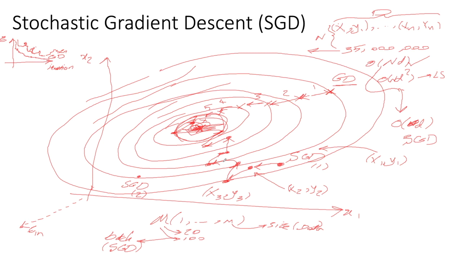But with a stochastic, you're sure that you're going to be within a boundary of that, which is good enough.